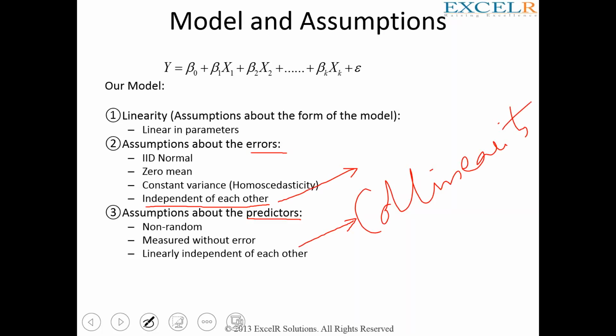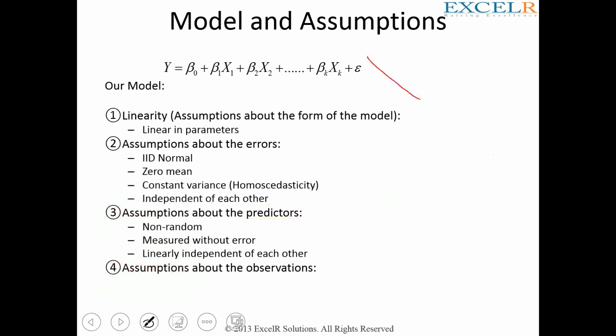I am doing a recap once again because this is extremely important. And we have the final assumption about the observations. All observations are equally reliable. You are relying on each and every observation, each and every height that you take, the height of the first person, second person, and so on. Each observation is equally reliable.